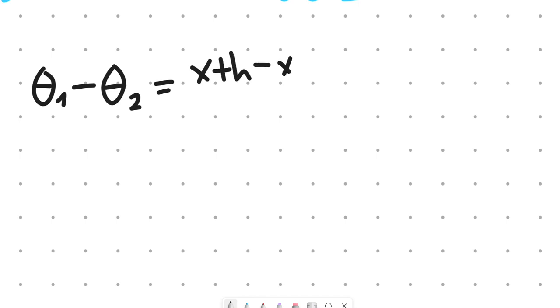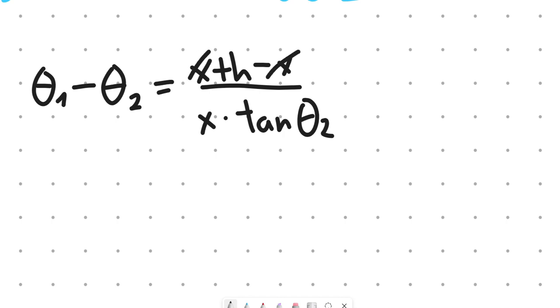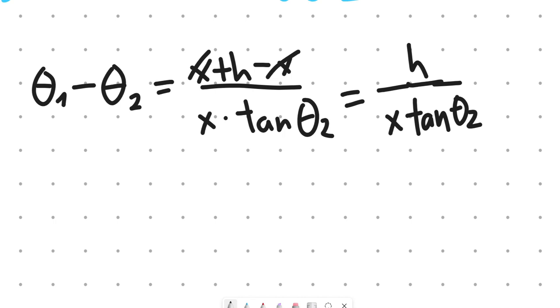So we would get another expression, theta 1 minus theta 2 is equal to x plus h minus x all over x times the tangent of theta 2. x will cancel out and we would finally get, sorry, not x, it will be h, I'm sorry for that, h over x tangent theta 2.